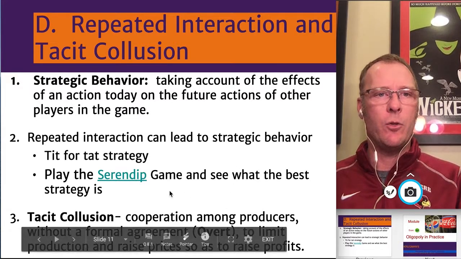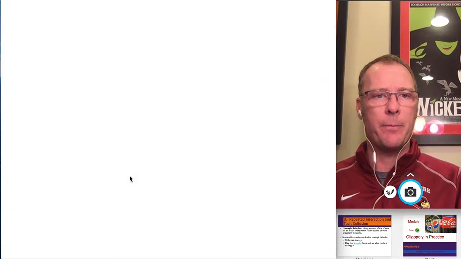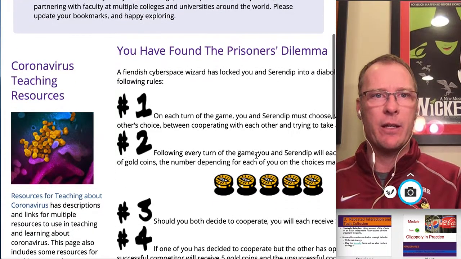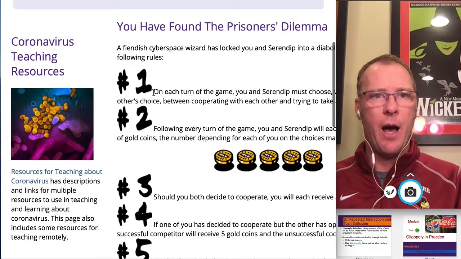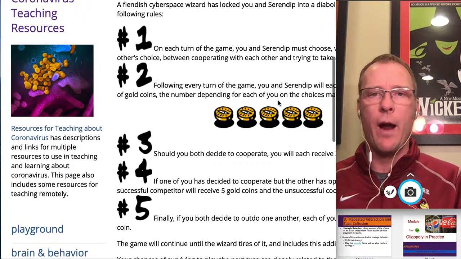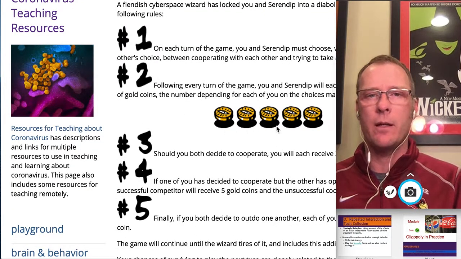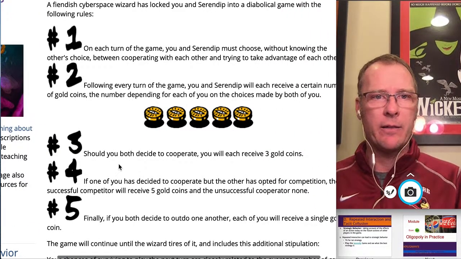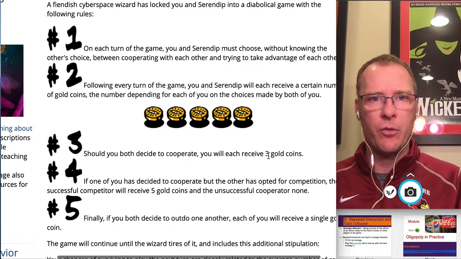What I'd like you to do is look at this Serendip game. If you click on it, it should get to a link that looks something like this, and it'll say you've found the prisoner's dilemma. With each turn of the game, this is going to happen to you. You can graph out these coins in terms of what you should do. If you both cooperate, you receive 3 gold coins.